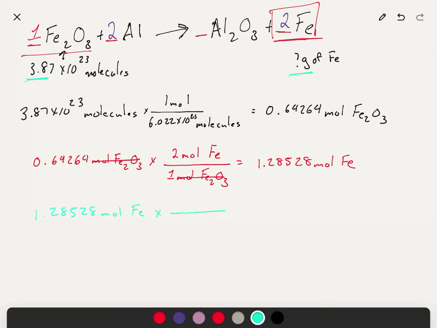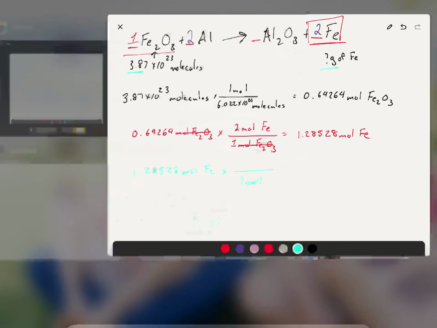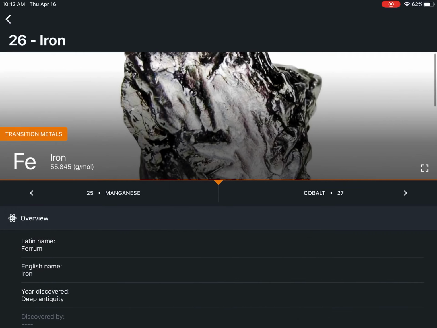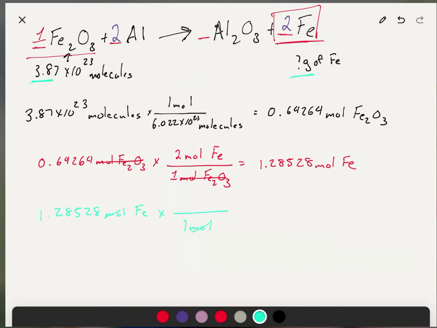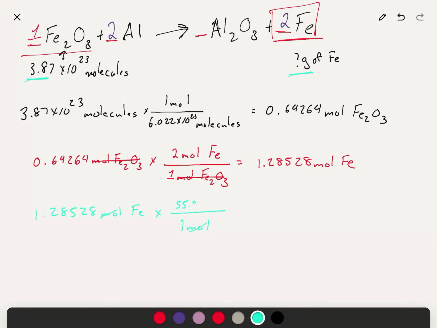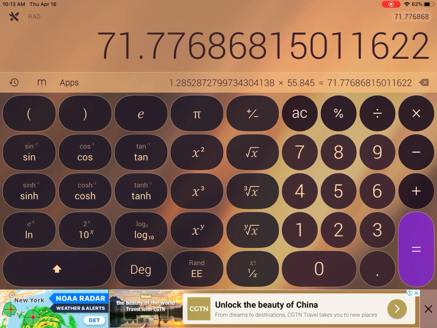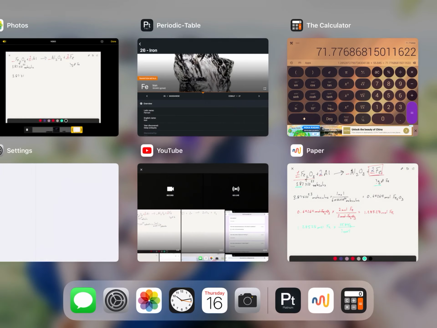We'll multiply by the molar mass over 1 mole, which, when we go look at iron, is 55.845 grams for every 1 mole, and that will leave us with grams of iron. So now all we have to do is multiply our previous answer times 55.845, and we get 71.7768.